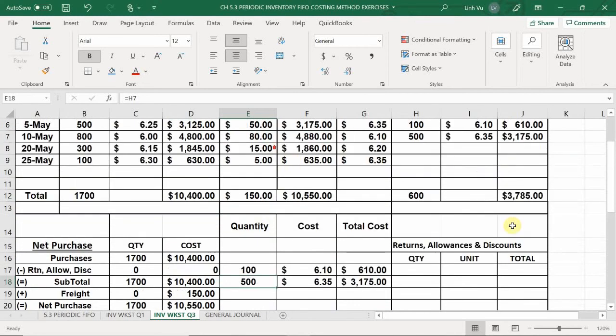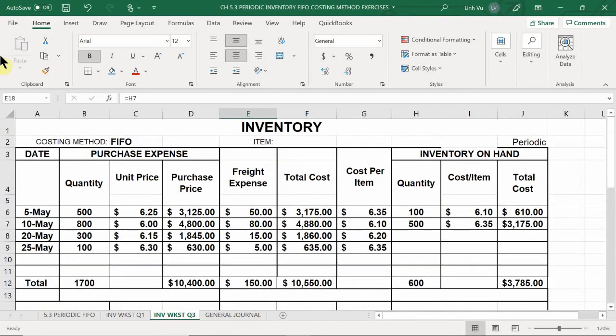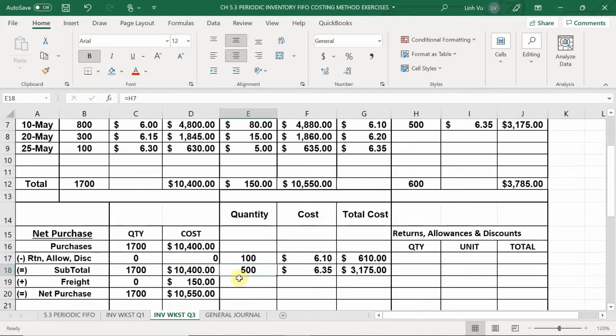So in this case, now that I got rid of my inventory on hand, which batch from my purchases am I going to get rid of next? The 500. The 500 on May 5th, right? I'm going to get rid of the entire thing, right? Because I need to sell 1,300.